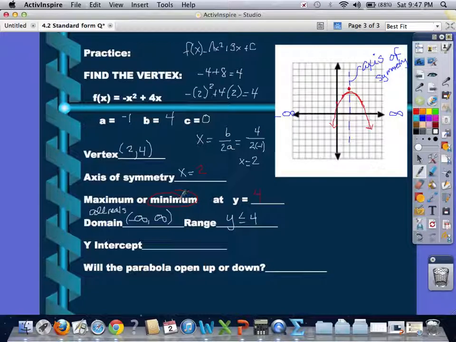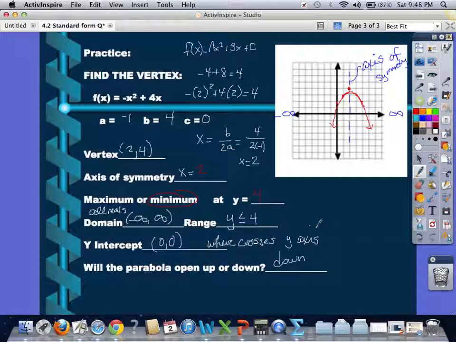So then we've already figured out if the parabola will open up or down. This one will go down. And the y-intercept on this one is going to be at 0, 0. The y-intercept, of course, is where it crosses the y-axis.